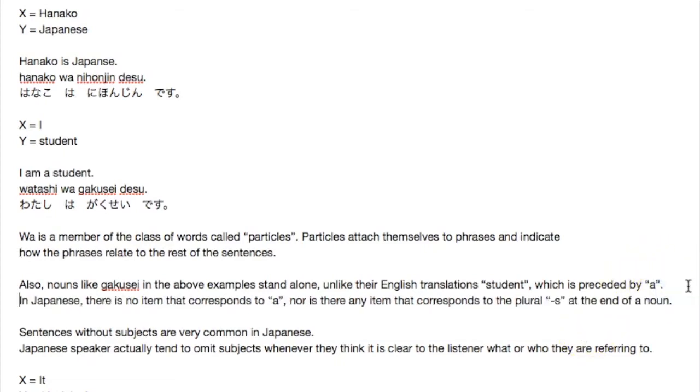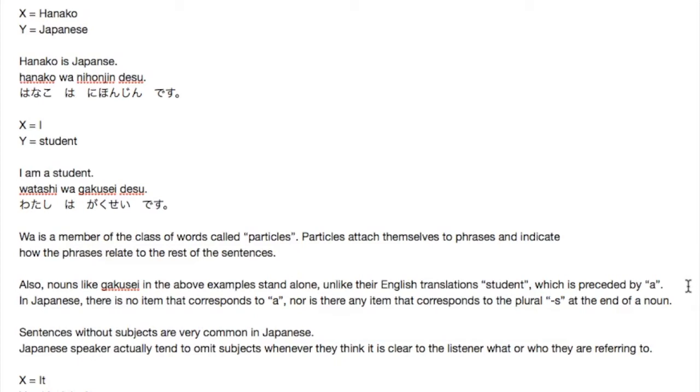In Japanese, there is no item that corresponds to a, nor is there any item that corresponds to the plural s at the end of a noun. So Japanese doesn't have a or plural, so we are not good at adding them when we speak in English.